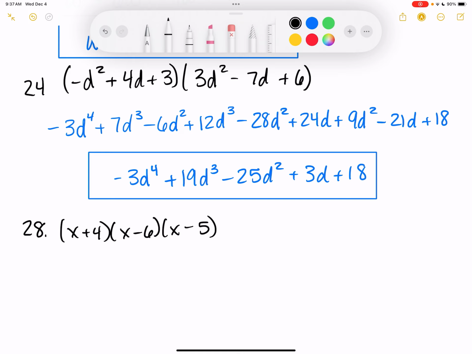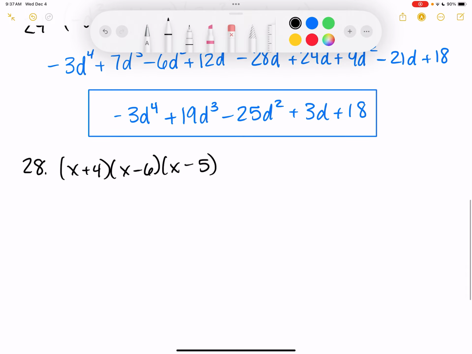All right, so when you have one like this, we treat it as if this x minus 5 doesn't exist for the moment. We're just going to multiply the first 2, simplify it down, and then we're going to, quote-unquote, superfoil times x minus 5 to get the final answer.